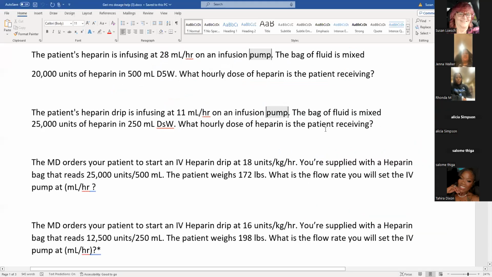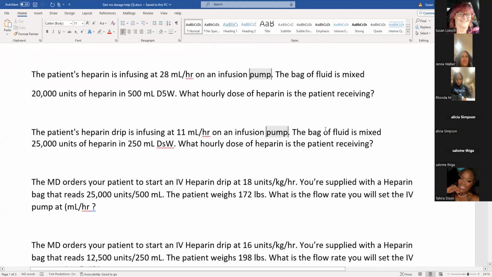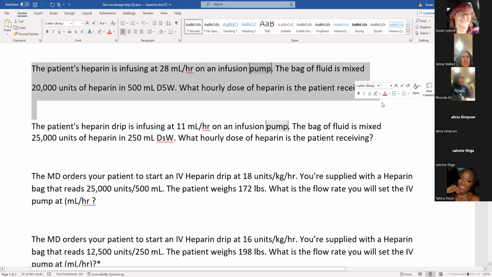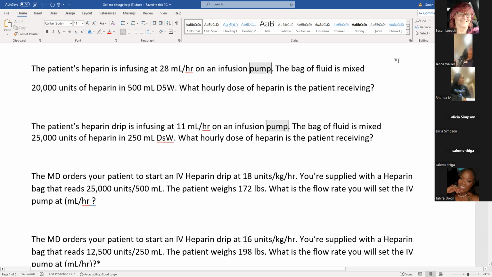It's this one here. Okay, all right, so 20,000. We good? Get 40. Okay, hold on. 40 times 28 is 1,120. Okay. Why does it seem so easy like that?